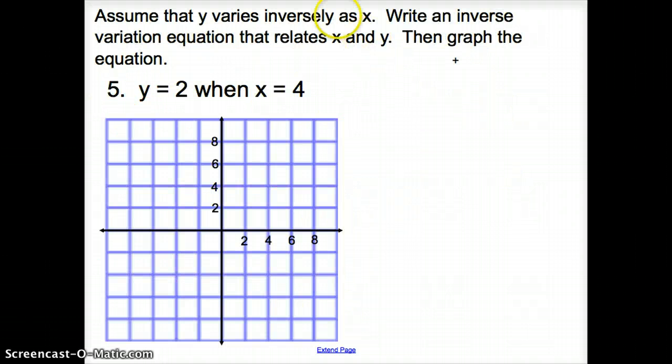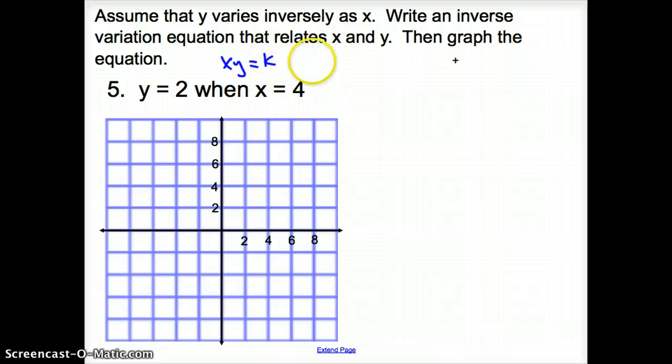Two more examples here. We're still going to assume that y varies inversely as x, and now we're going to write an inverse variation equation that relates x and y, and then we're going to graph that equation. Well, first things first, let's write that equation. What do we have to do with these two numbers? We first have to find k. So we have x times y equals k.